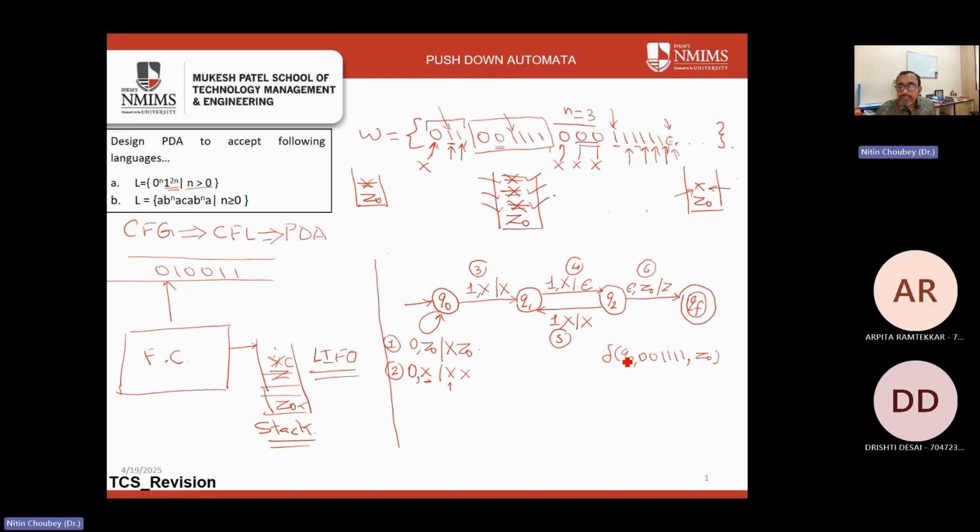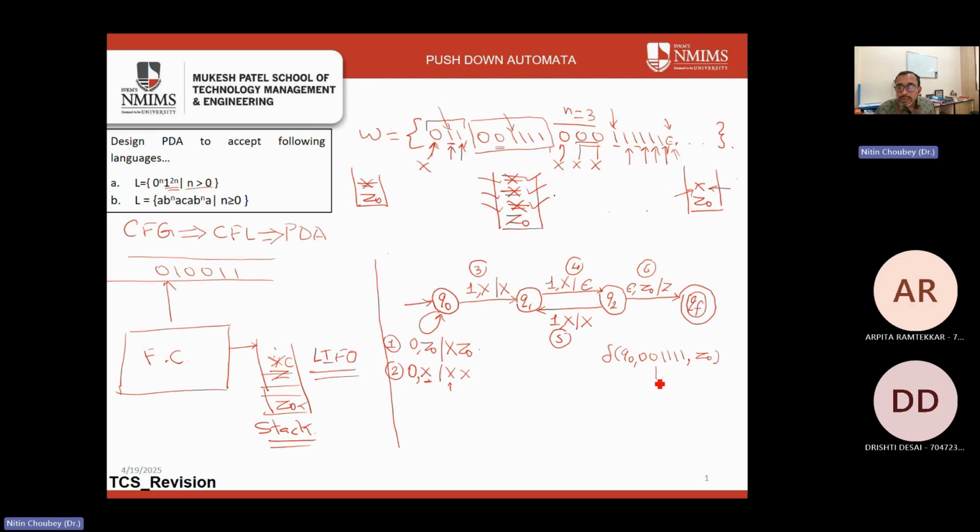The first section indicates the current state, the second section indicates the input available on the tape, and the third section indicates the stack position. Initially, on the stack we have Z0, in input we have 00 followed by 4 ones, and the current state is Q0.